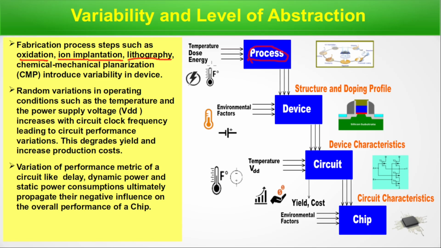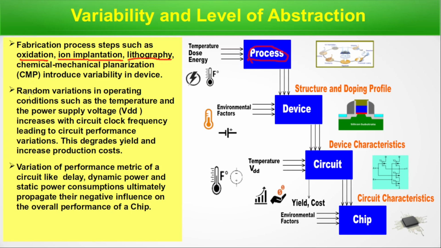That's why they move and penetrate and go into the wafer. So if that energy is changed, the profile might get changed. And accordingly, when wafers from these two lots perform, their performance might vary. Due to process, variability gets introduced in the device.